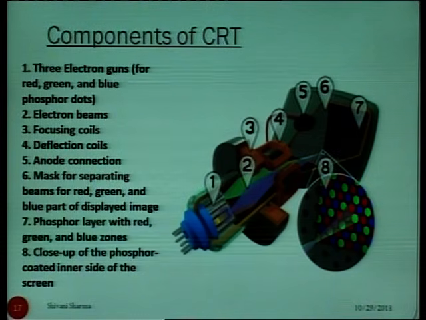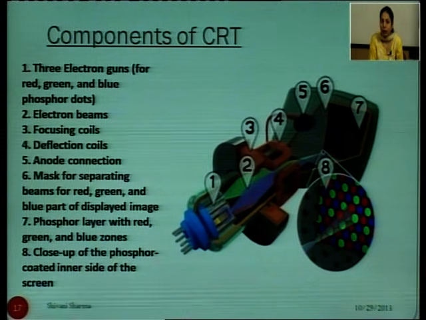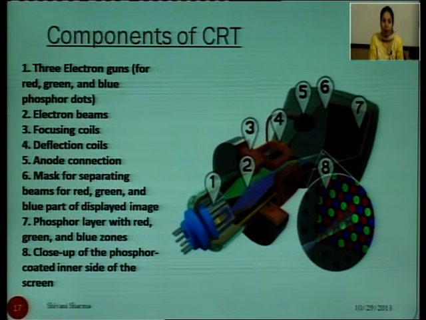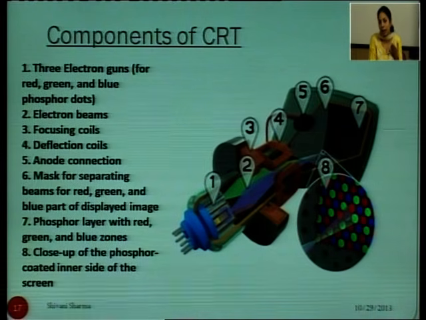Then the various components of the CRT. In the CRT we have 3 electron guns which are red, green and blue. Then electron beams, we have focusing coils, we have deflection coils. Then in deflection coils we can have a vertical deflection system and a horizontal deflection system.